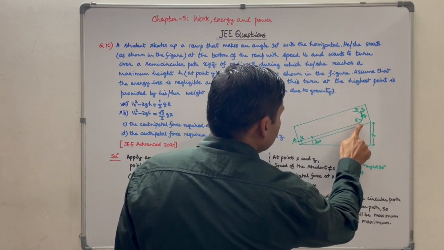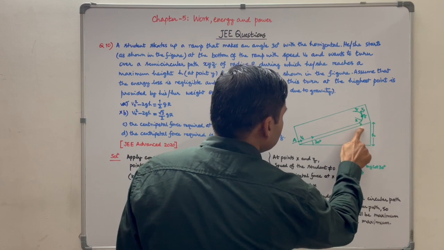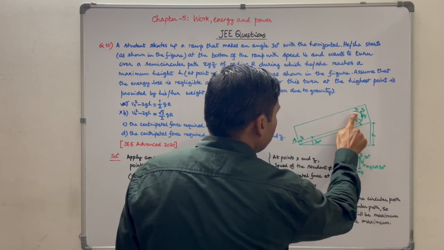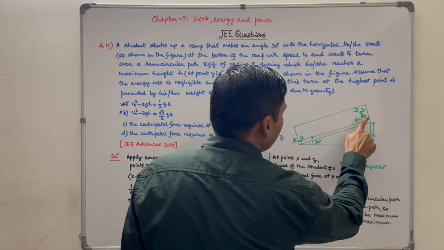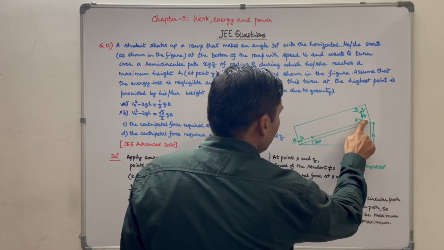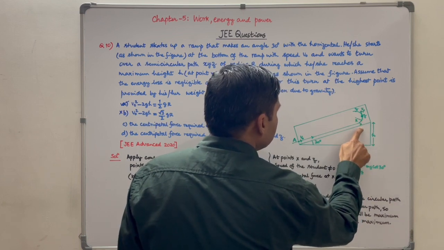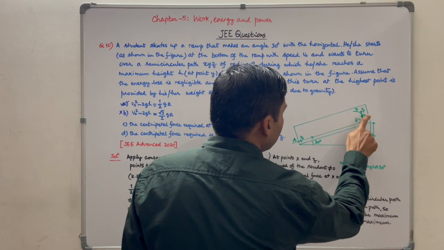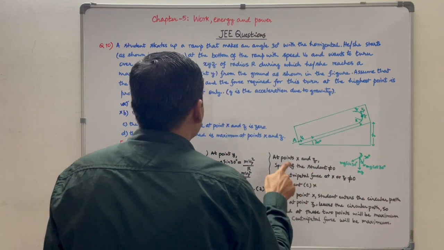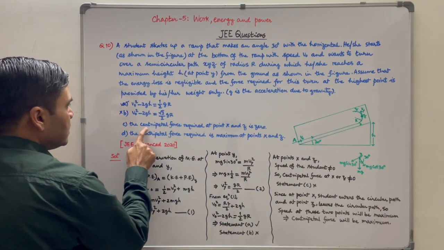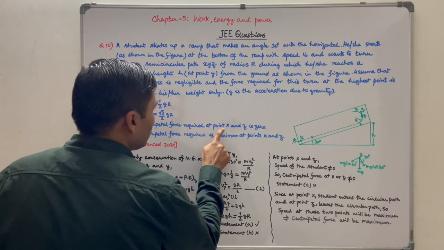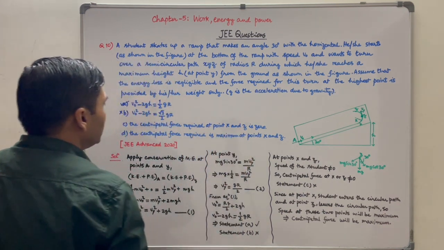So speed of a student at points x and z, which are at the same height, will be more than at y. So centripetal force at points x and z will be more than that at y. So statement C that says the centripetal force required at points x and z is 0 is incorrect.